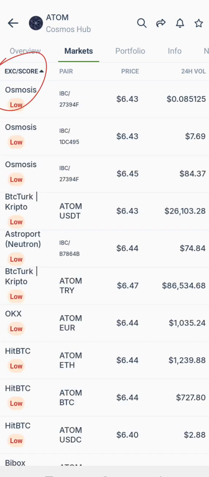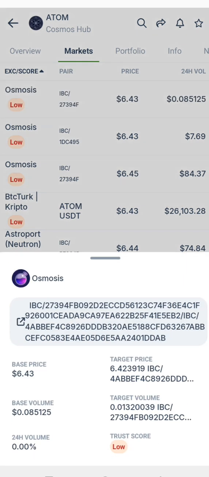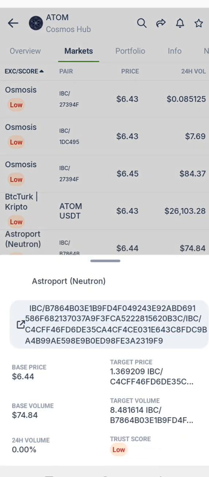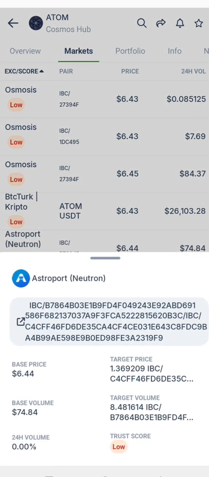Let's check out those exchanges that are rating this market low. Osmosis rates this market low because their 24-hour volume is 0.0%, and the base volume is not going anywhere with the target volume. So let's use Astroport.